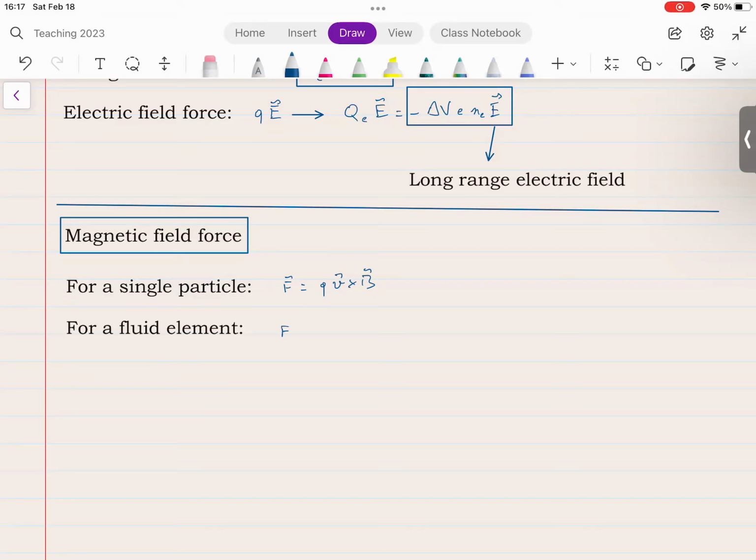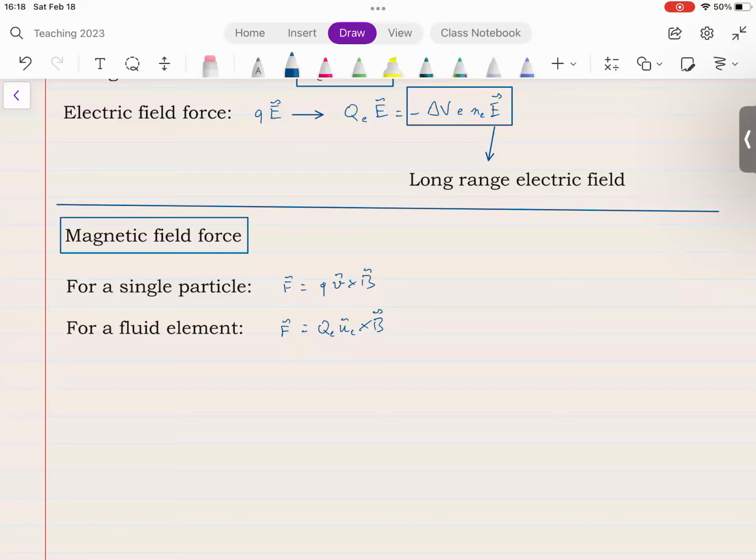instead of the charge of a single particle, I'm going to use the charge of the fluid element, which we call Q sub E. I'm going to use the velocity of the fluid element, which is U sub E, and I'm going to cross it with the magnetic field, which is, again, going to be the long-range magnetic field.